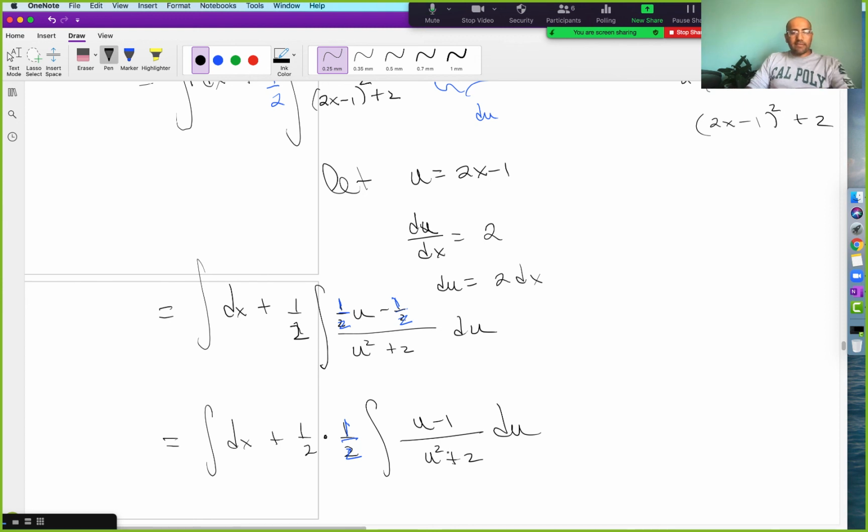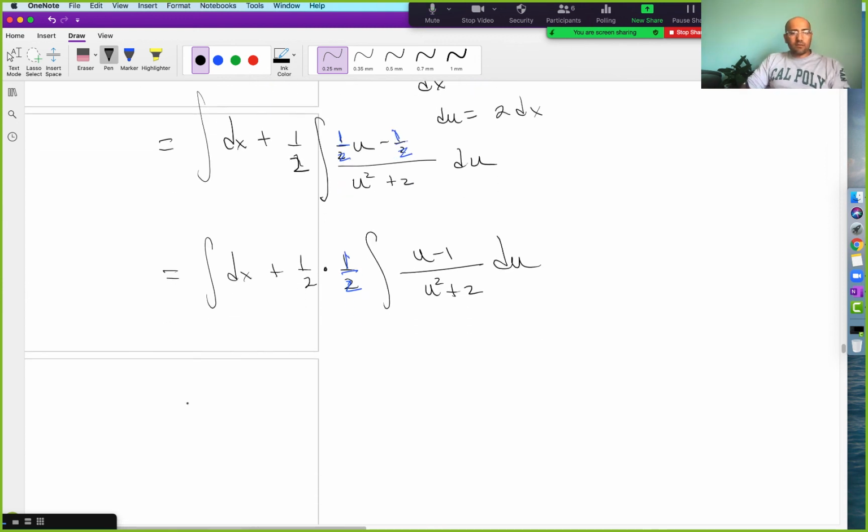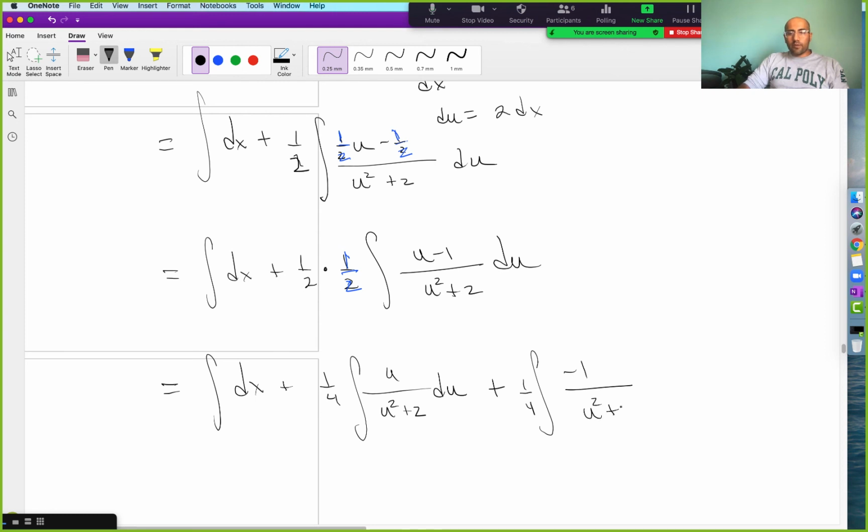And then if I separate these, I should have integral dx plus 1/4 integral of u over u squared plus 2 du plus 1/4 integral of minus 1 over u squared plus 2 du.